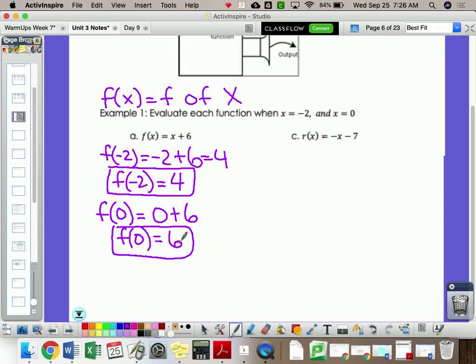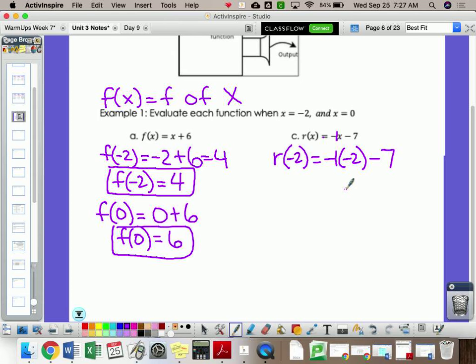So the same thing, let's do it again with this r of x function. So with this function of r, when the x is -2, I'm plugging that in anywhere there's an x. And notice, this was a -x, or you could say it's a -1x.